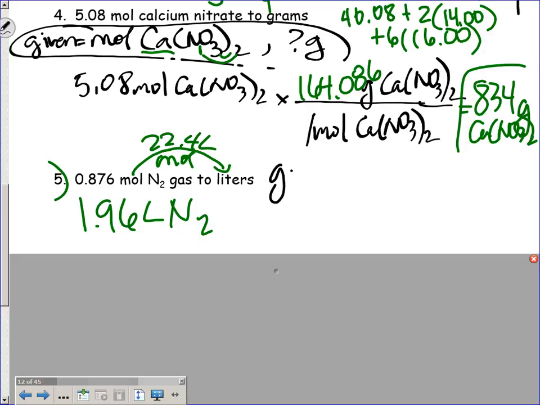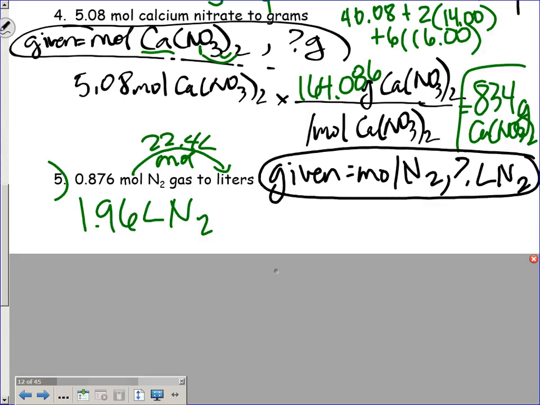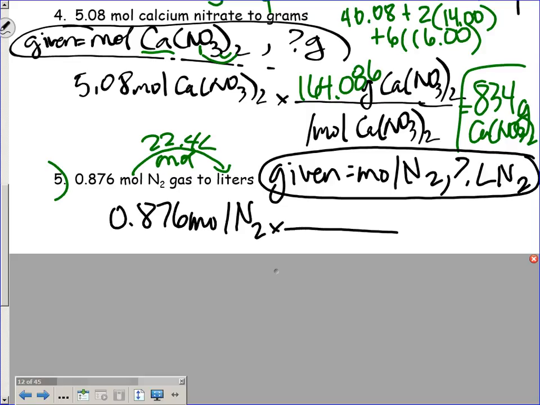The given here is moles of nitrogen, and the question is liters of nitrogen. So Pranita just said it gives a direct conversion. On the mole map, there's that molar volume, which we haven't actually used yet, but here we go. You start off with your 0.876 moles of nitrogen, and where do I put the liters? Top.